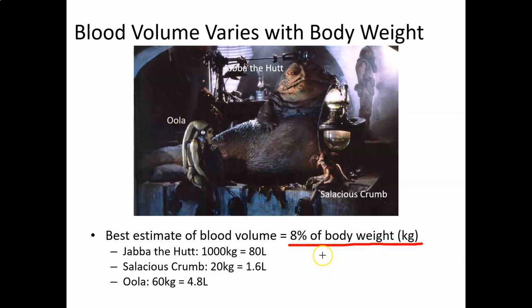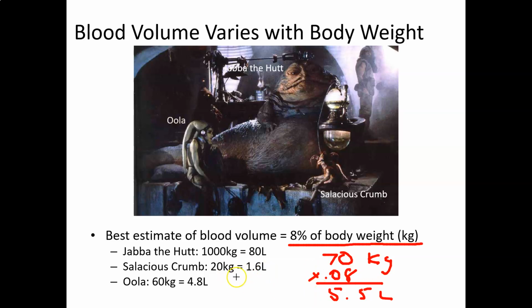So somebody who weighs 70 kgs, right, that's our mythical male, 8% of that, so it'd be times 0.08, and that would come out to 5.6. So it's about 5.5 liters of blood, and we saw that was the normal value that we had before.